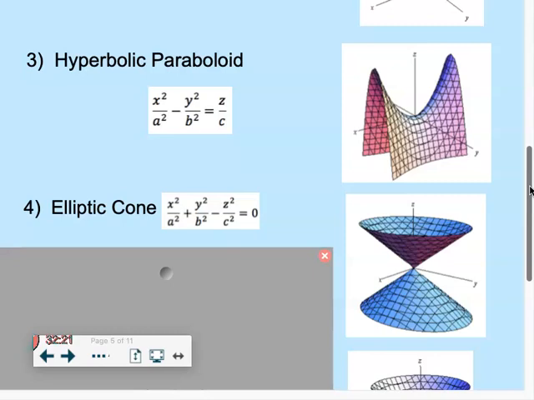If A, B, and C are all the same, then it's a circular cone. So that's the equation of a cone in 3-space: x squared plus y squared minus z squared equals 0. Or the way you'll see it written a lot is x squared plus y squared equals z squared. So that's a cone.